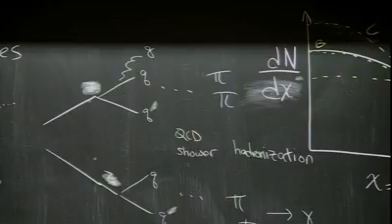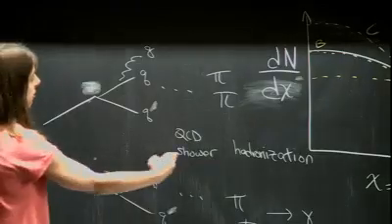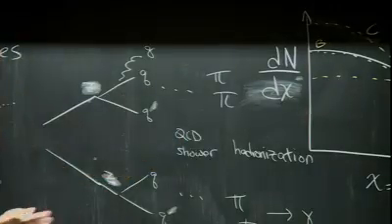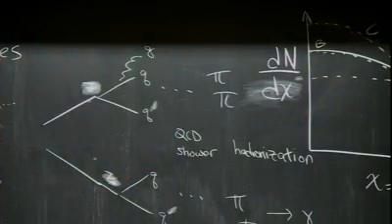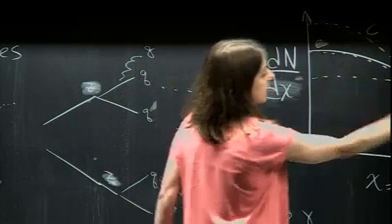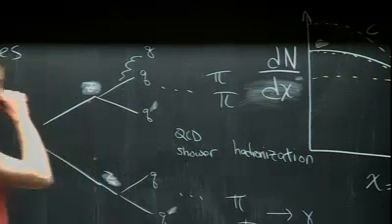And the reason is because the shower doesn't really care whether or not you've initially produced two quarks that are the same flavor or not the same flavor. The process kind of continues as it would have for production of W's. So for ZZ, it actually just looks like the same curve as for WW.